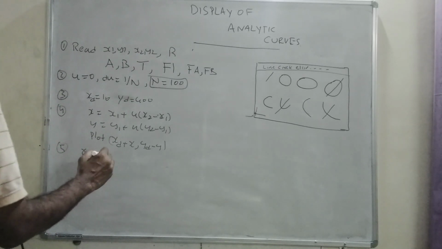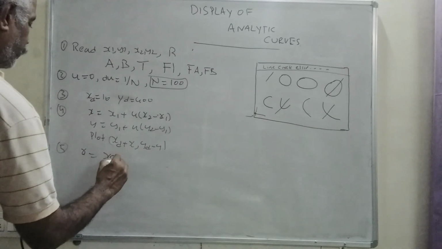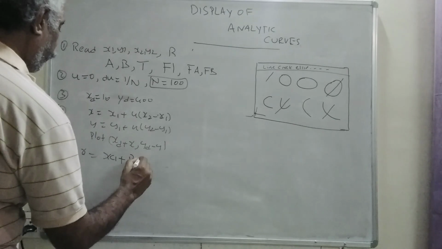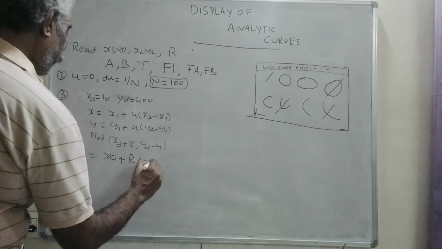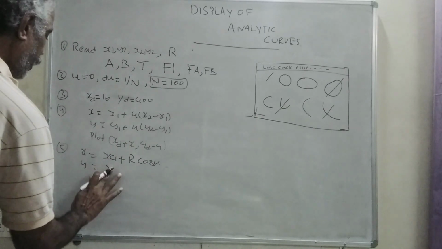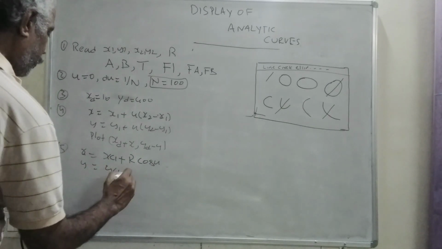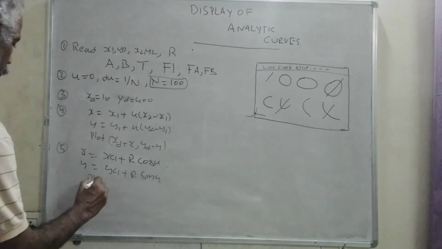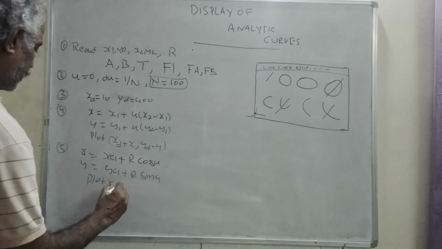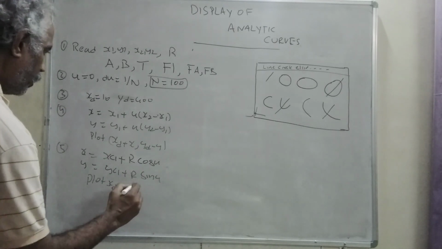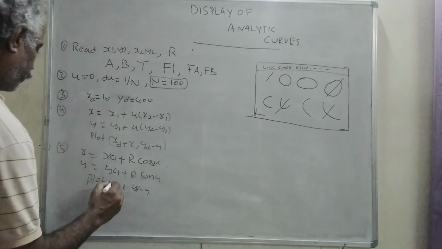Next, x is equal to xc1, you have to read xc1 center this, and r cos u, and y is equal to yc1 plus r sin u, and plot xd plus x and yd minus y.